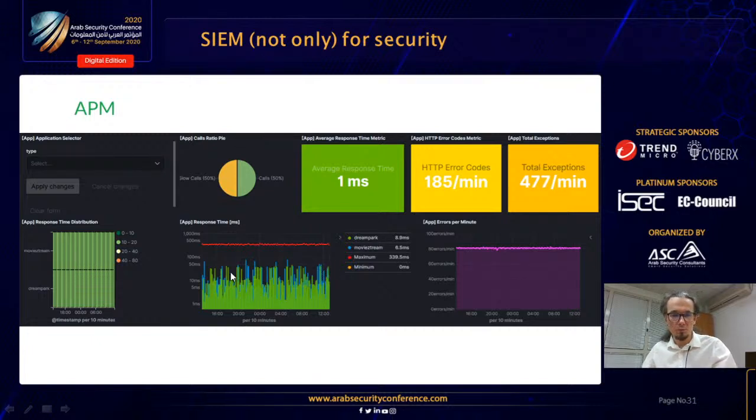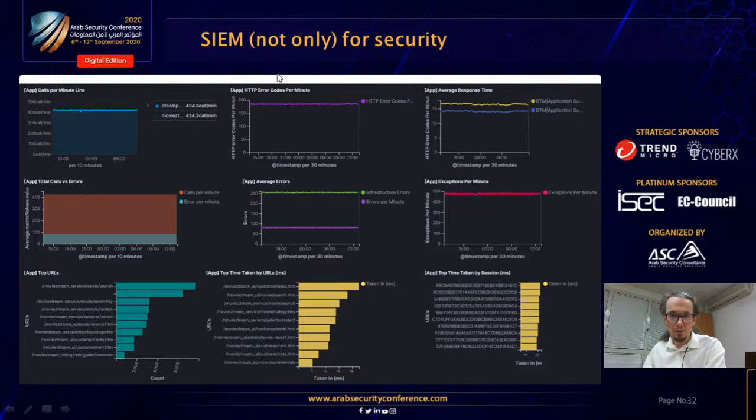So we have monitoring of 2 applications, and then there is the errors per minute visualization over the timeline. The same thing we have here: the error codes per minute and exceptions per minute.